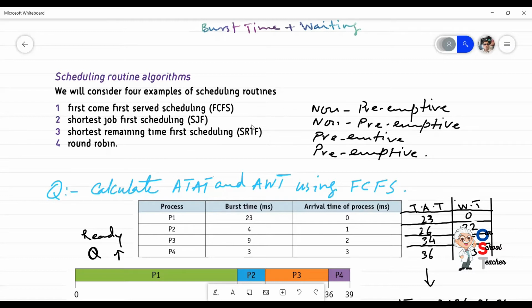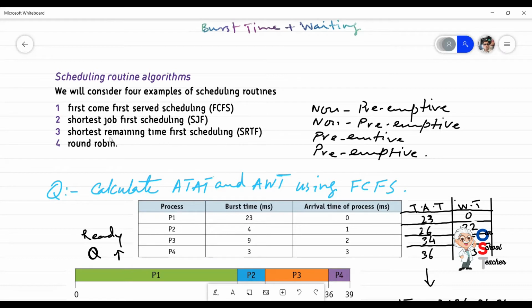So they both are non-preemptive approach algorithms. Now come to the third one, shortest remaining time first scheduling. It means that the process which has the shortest time remaining is given priority, and that is preemptive.